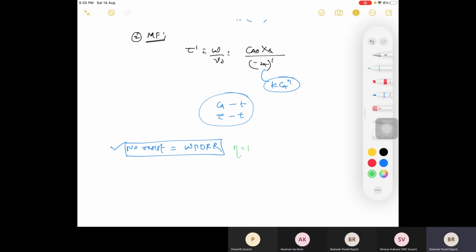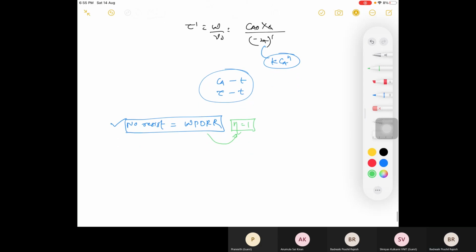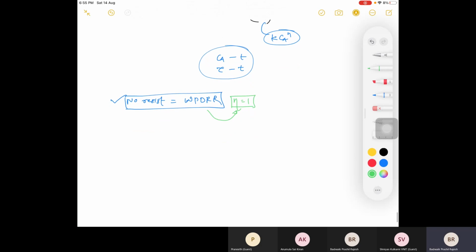Yes, sir. Because efficiency in both cases is 1. Just I am changing the sentences. Then write down. So do I need to write that activity is 1? This is also 1.